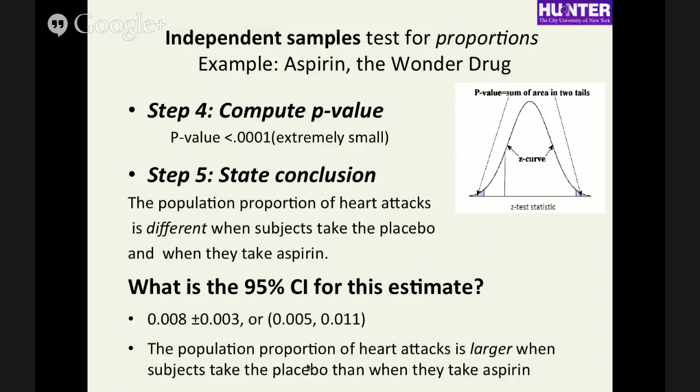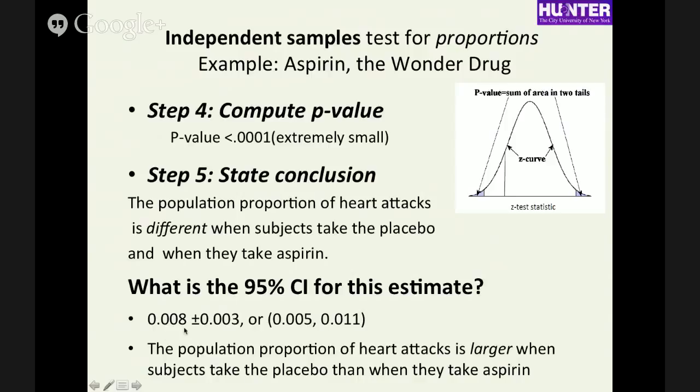And I'll show you that on this page too. But the p-value, you get something very small here, and we conclude that the proportion of heart attacks is different in the placebo and the aspirin group. So what is the 95% confidence interval?